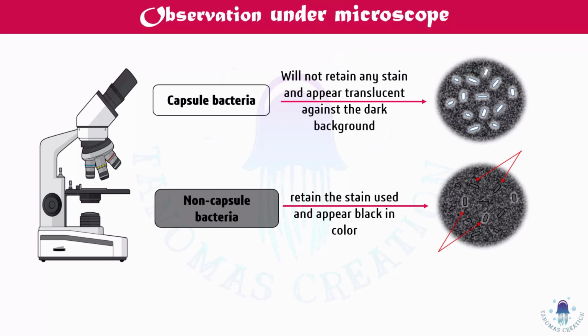Here we can see the bacteria that contain capsules showing a halo zone around the bacterial cell, whereas the non-capsulated bacteria take up the nigrosin stain and the structure cannot be differentiated from the background. So this is how it will appear.